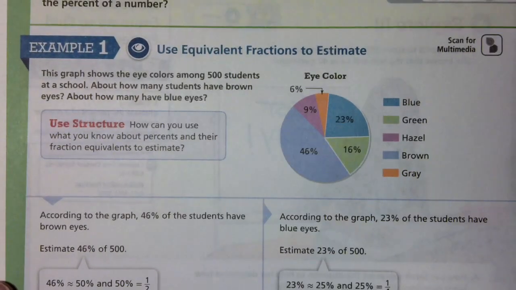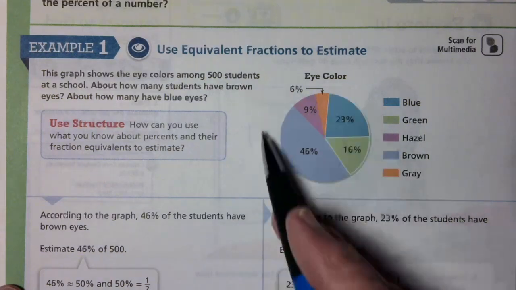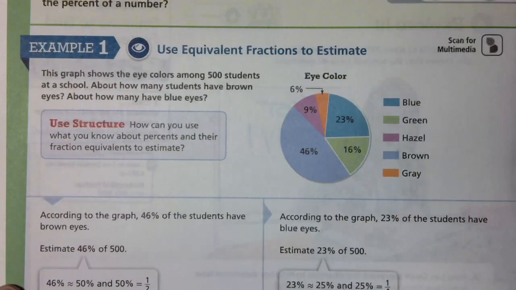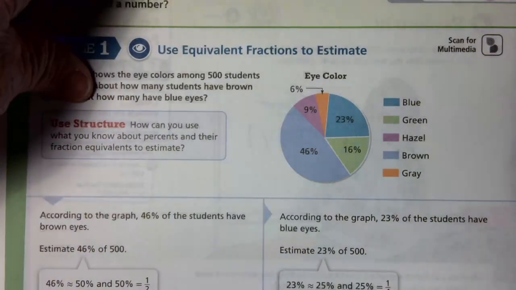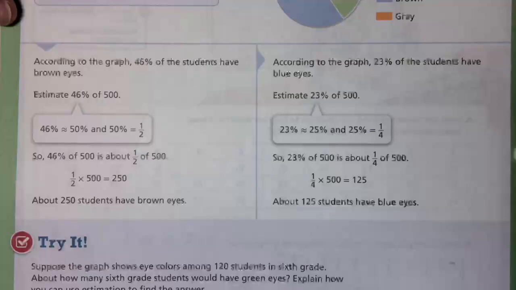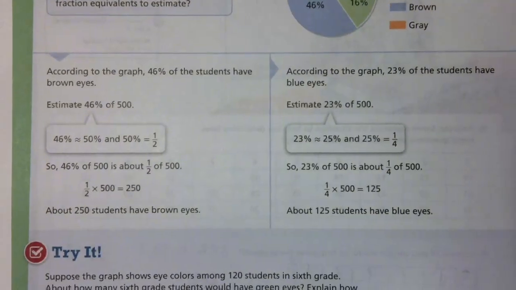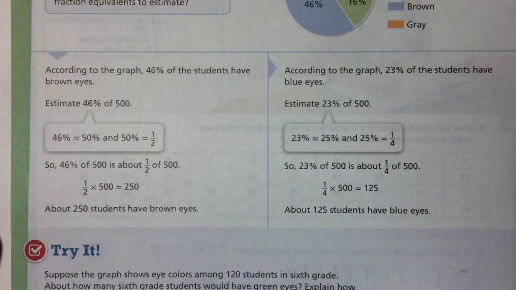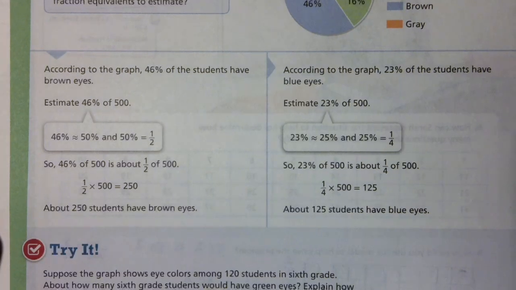So this graph shows the eye colors among 500 students. So this data is for 500 people. According to the graph, 46% of the students have brown eyes. So that's 46% of 500 people. How can we figure out the brown eyes?